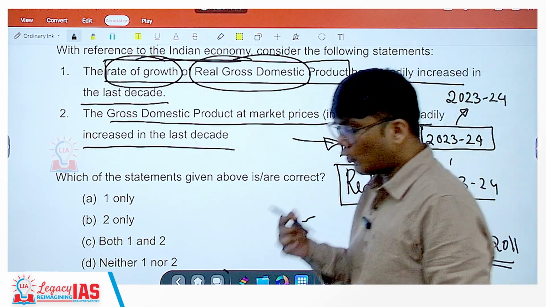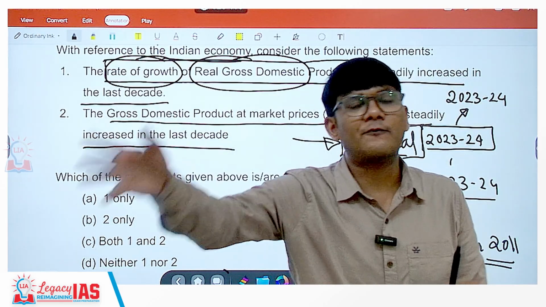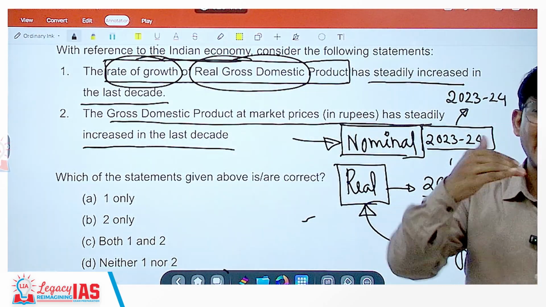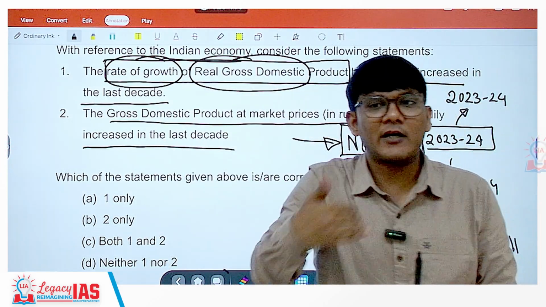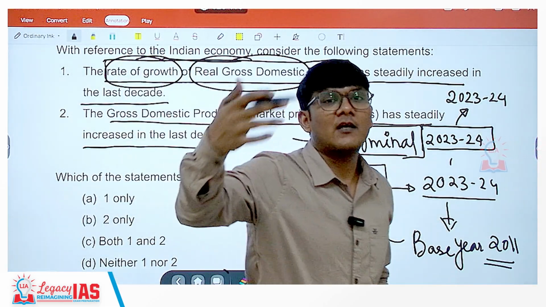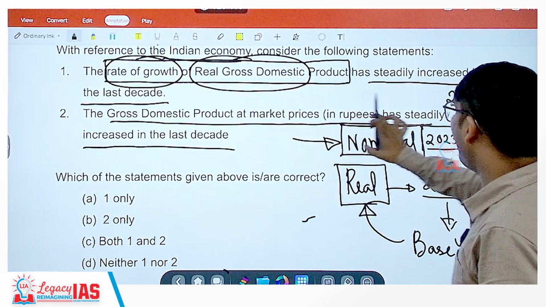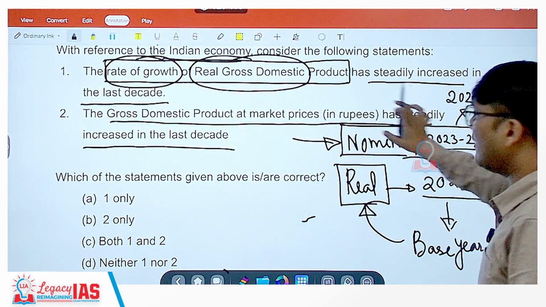Right? So to actually get the real GDP, you have to remove the effect of inflation. How do you remove it? By calculating GDP at a base year and not the present year, because the present year takes into account the increase in prices as well, that is the inflation. So when inflation is a part of the GDP, then it's a nominal GDP.